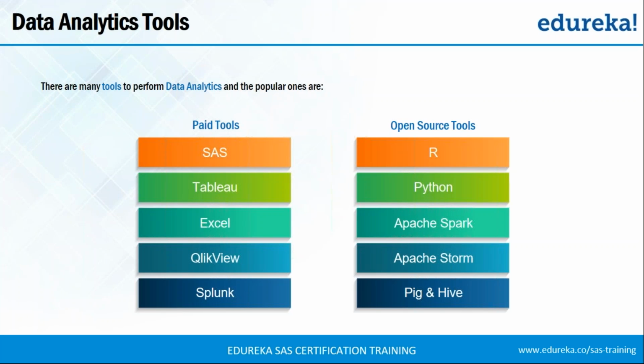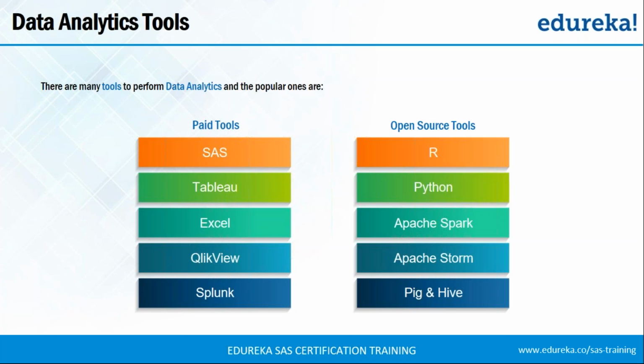There are different data analytics tools. You have the paid tools and you have the open source tools. So you have the distinction here. Paid tools: SAS, Tableau, Excel, QlikView, Splunk. Open source: R, Python, Apache Spark, which is gaining momentum now, Apache Storm, Pig, and Hive.